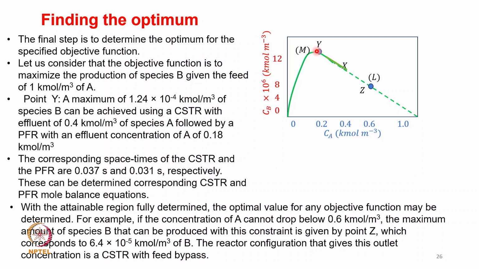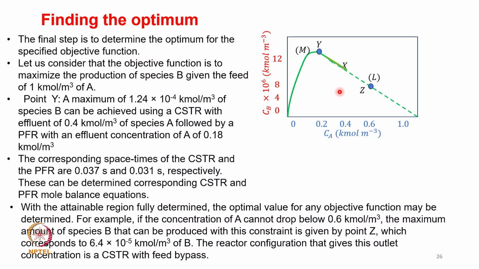You can draw a parallel line to here and figure out what is the corresponding concentration, and how this is operating. To get this, you need to have a CSTR, which is operated at this particular point x, followed by a PFR which is operating at this particular point.